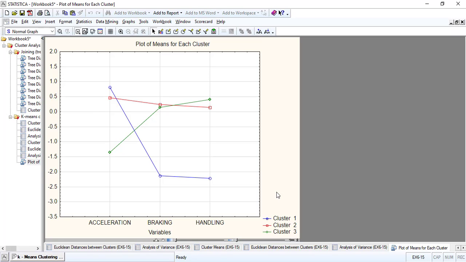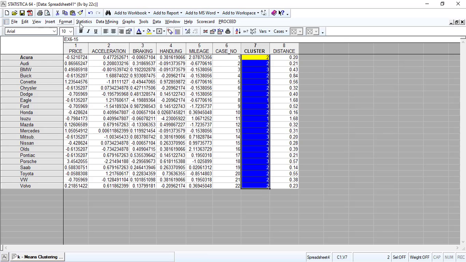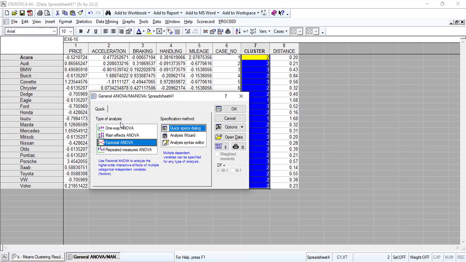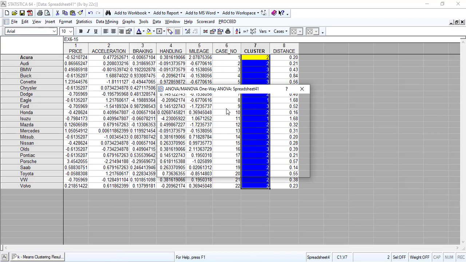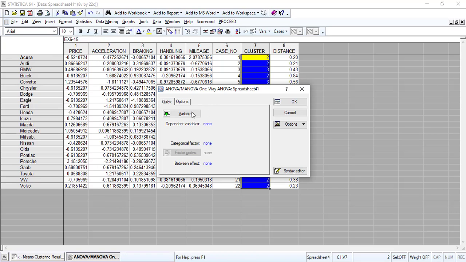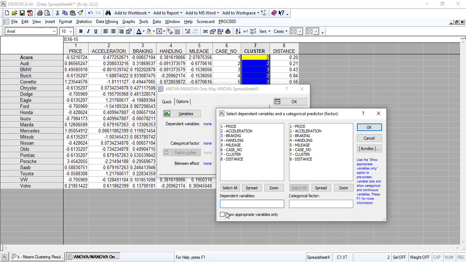But maybe you tell me I care about the price. So I want to know how significant the price is among these clusters. Yes, one-way ANOVA. Now you just have 3 levels of cluster and compare the price. Dependent variable, of course, is price, right?